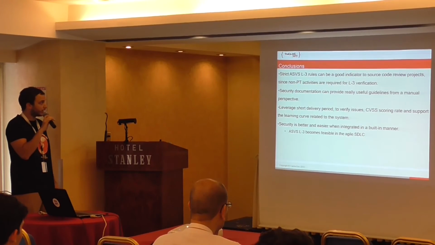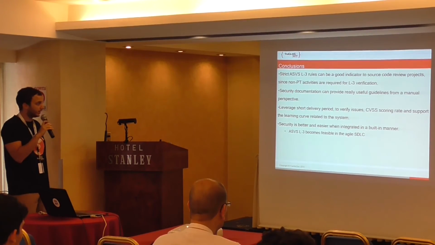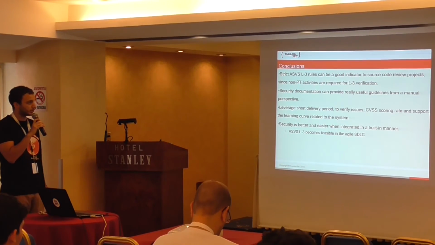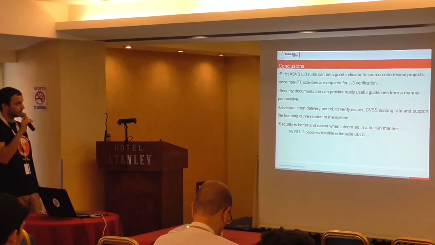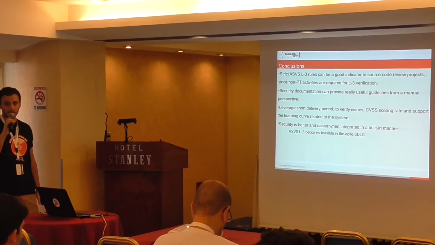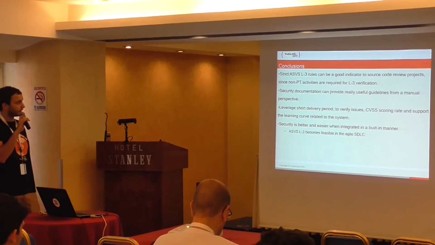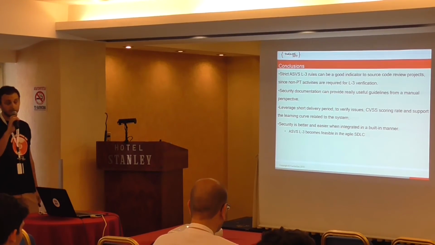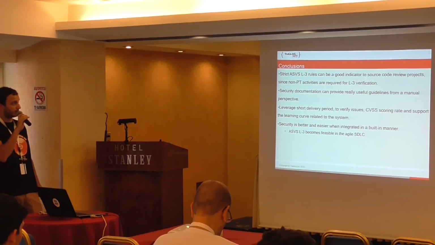To conclude, the ASVS level 3 rules are a good indicator in order to have a good security picture of the system. This should be done through source code review, as non-penetration testing activities are required, and most of the controls of level 3 are not penetration testing artifacts.